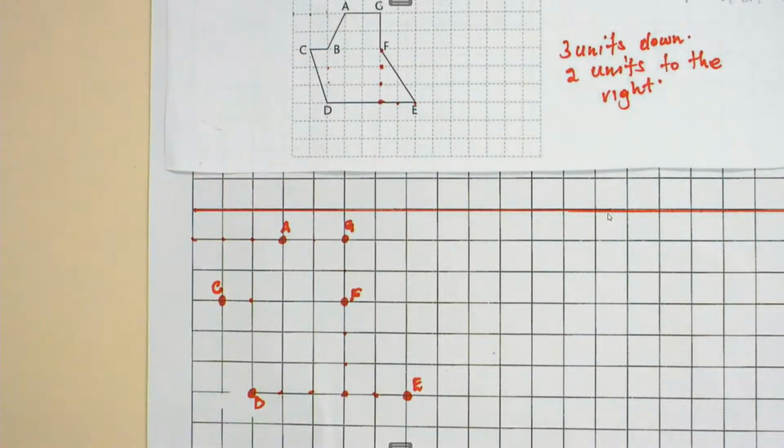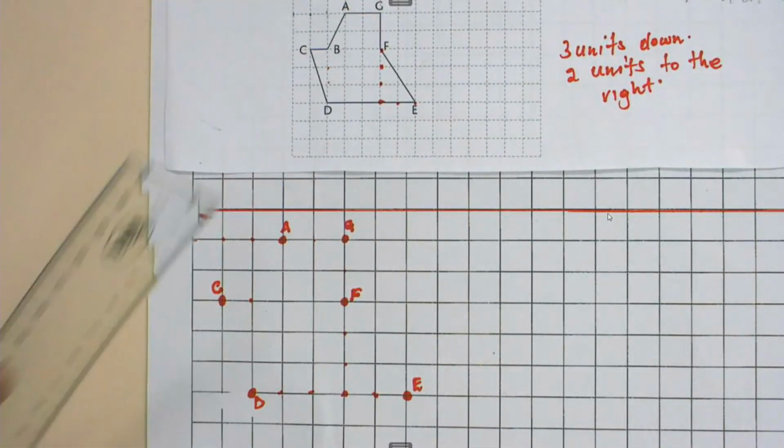So can you see there, guys, I've just started with the points first: A, G, F, E, D, C. Now I need to connect my points so that I can see whether I've done the same shape as per the exercise.